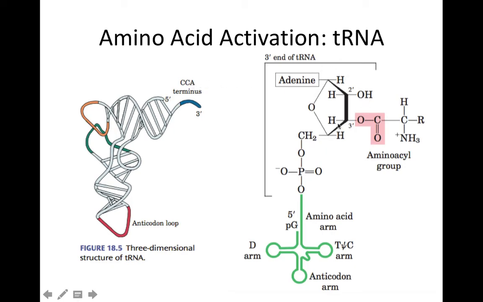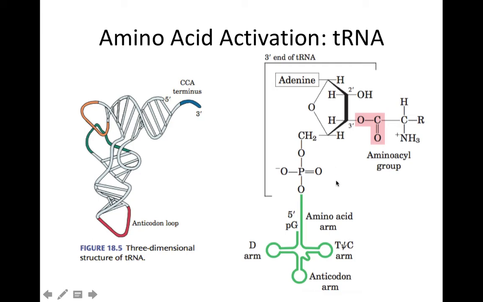In the adenine region, this is the part where your amino acid links to your tRNA via the 3' carbon. So this is your 3' carbon. This is the carboxyl group of your amino acid. So if you will remember, your amino acid has a central carbon, an amino group, a hydrogen, and an R group bound to it.